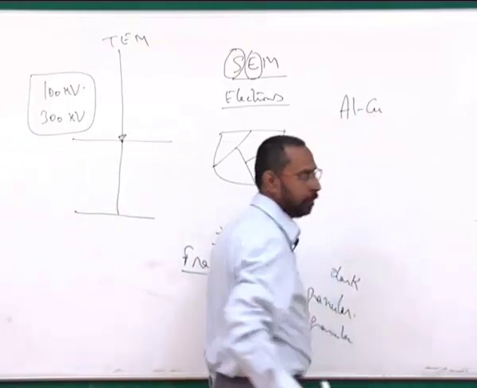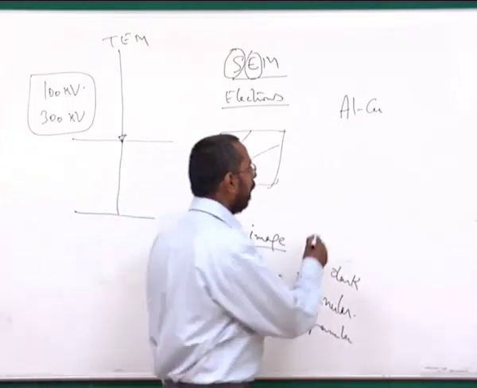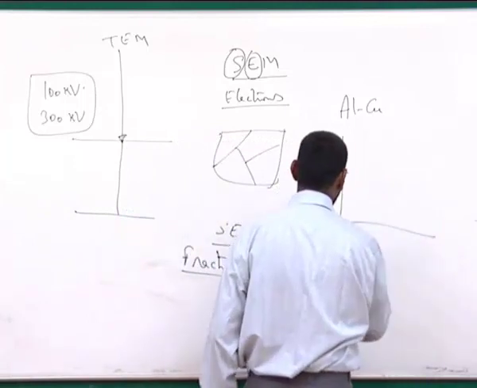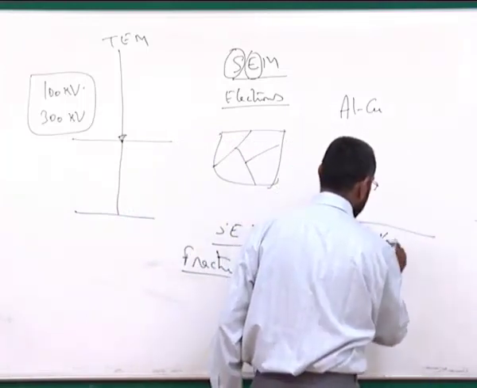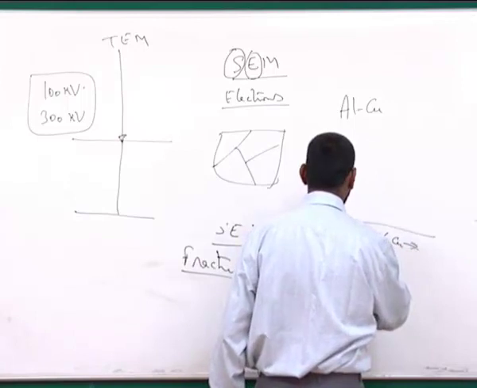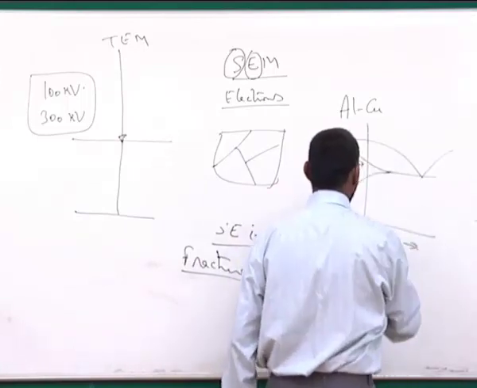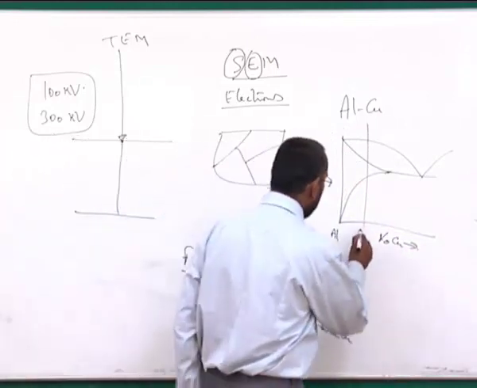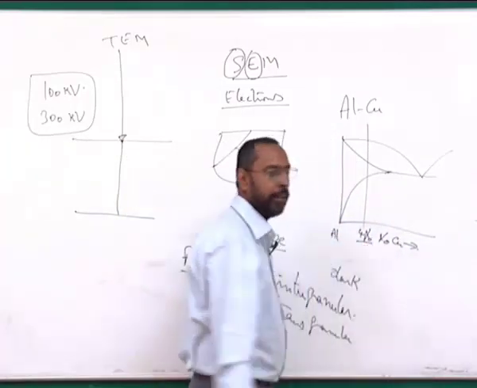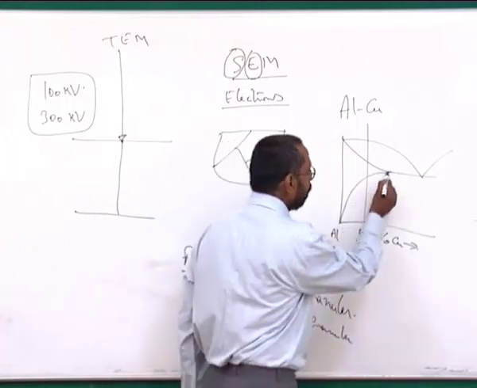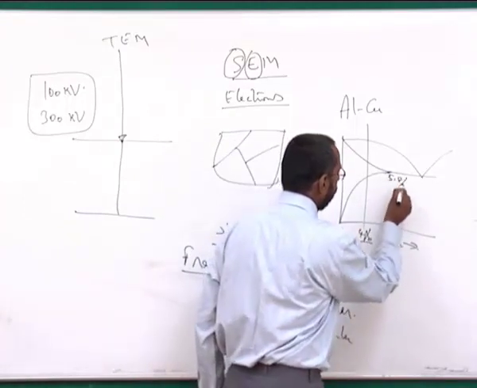If you take an aluminum copper alloy, remember the aluminum copper phase diagram, with percentage copper increasing in this direction, and look at this phase diagram where if I choose an alloy of this type, let's say about 4% copper, the standard duralumin kind of a composition, and this composition being around 5.8%.